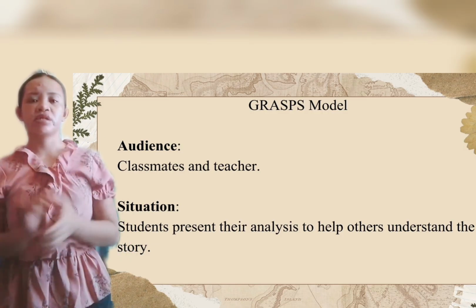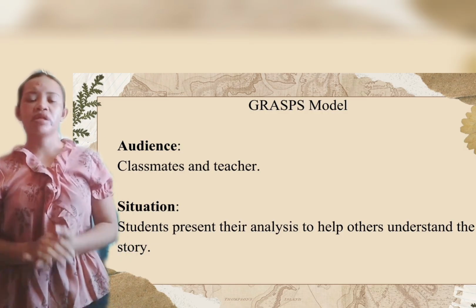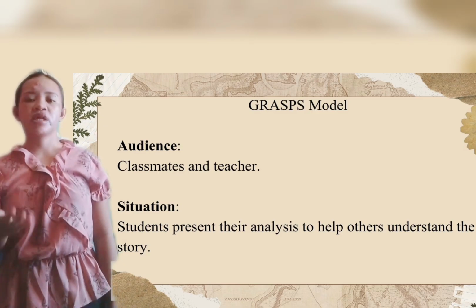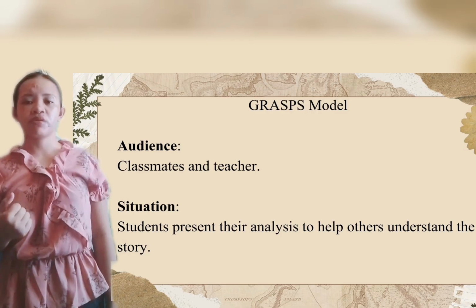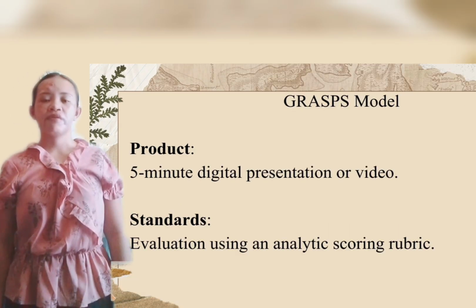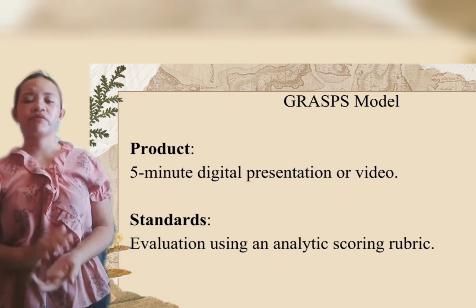And the letter S is situation. The situation is that the class is creating a digital storytelling presentation to explain the deeper meaning of a short story through literary analysis. And P is product or performance.